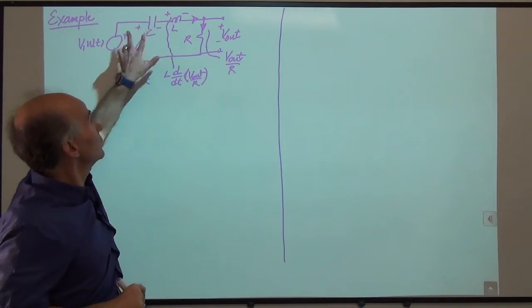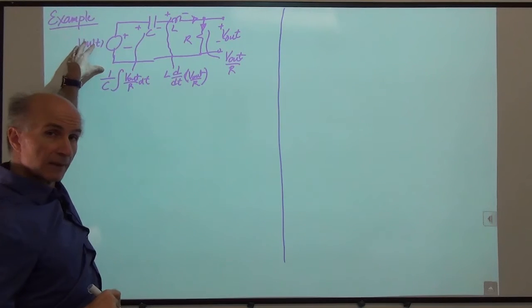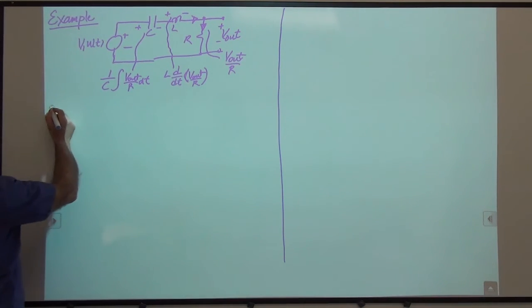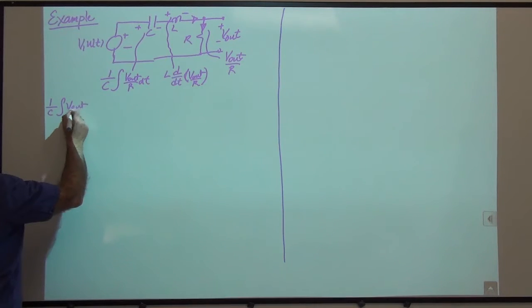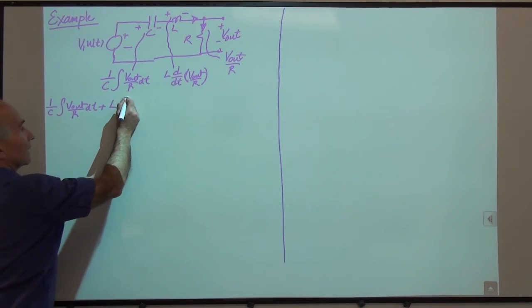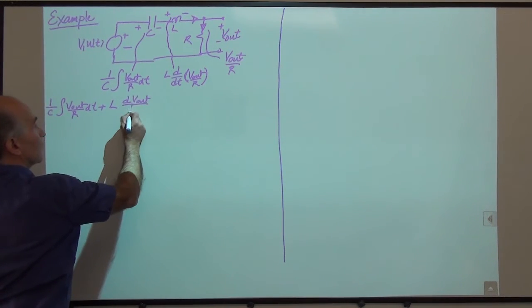Okay, so we have this voltage, we have this voltage, and we have this voltage. We add them up and equate the result to this input. So we see that I have 1 over C integral of V out over R dt plus L dV out over dt.